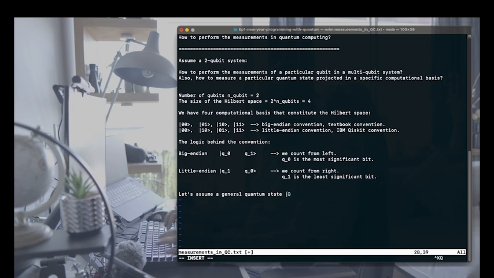So let's assume now a general quantum state psi, and this psi will be expanded in this 2-qubit Hilbert space.